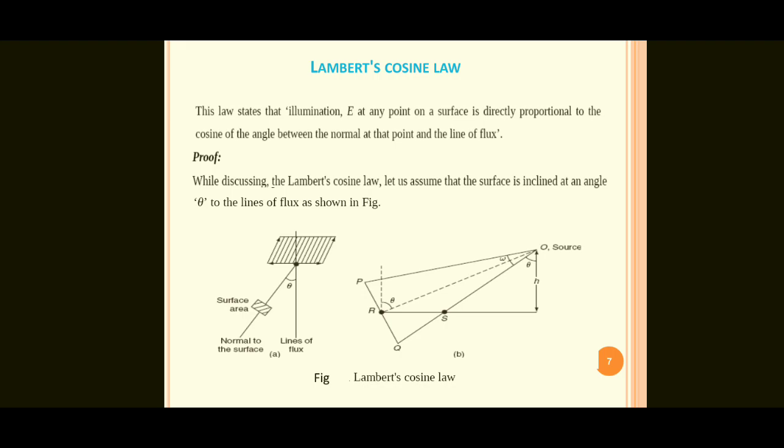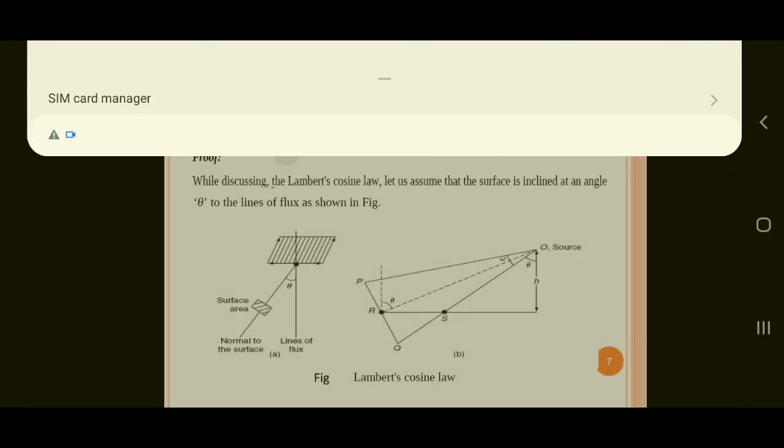Proof: when discussing Lambert's cosine law, let us assume the surface is inclined at an angle theta to the lines of flux, as shown in the figure.